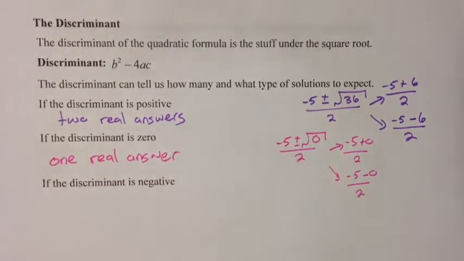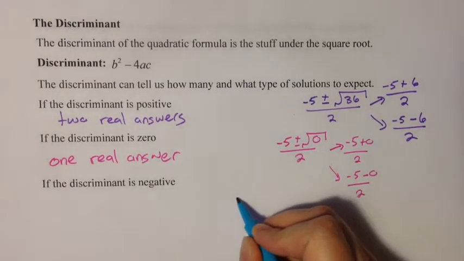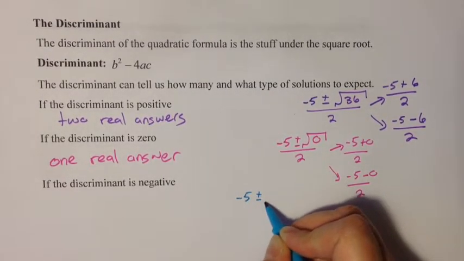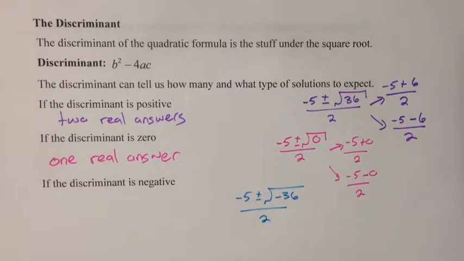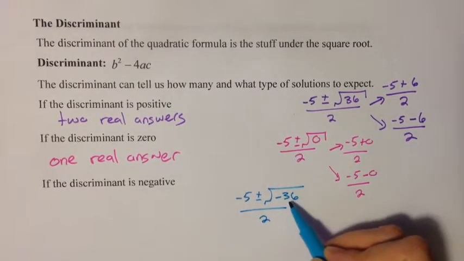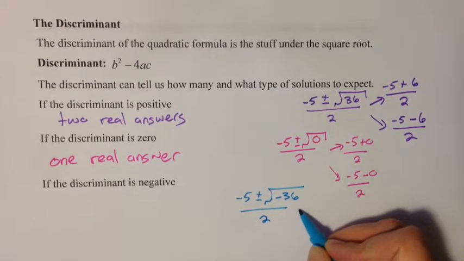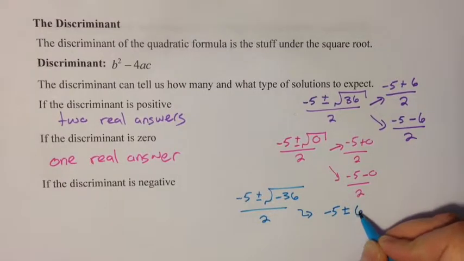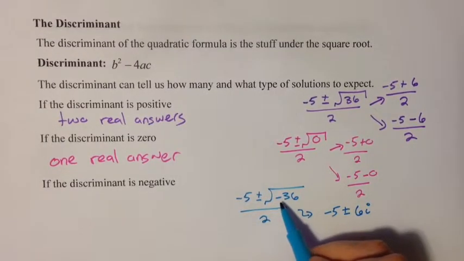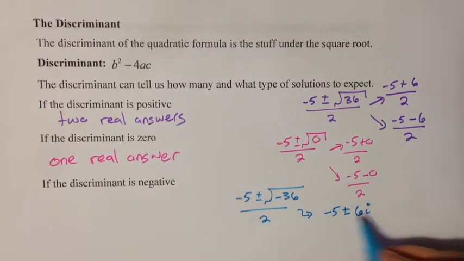Finally, let's look at what happens if the discriminant is negative. Let's say that I have -5 plus or minus the square root of -36, still all over 2, say. This gives me an imaginary number, right? This is the same as -5 plus or minus 6i, since the square root of a negative gives me an i, and the square root of 36 is the number 6.